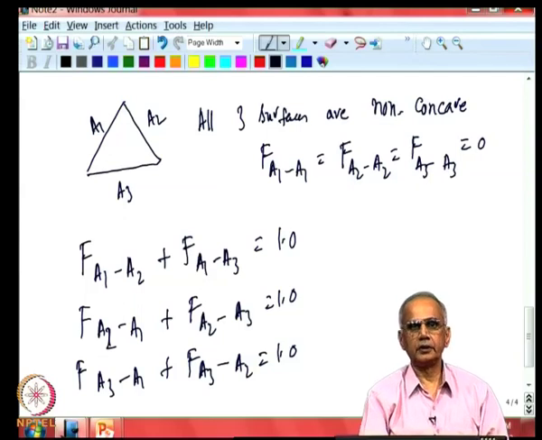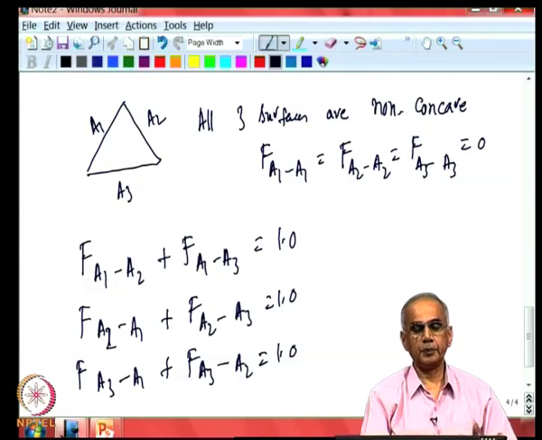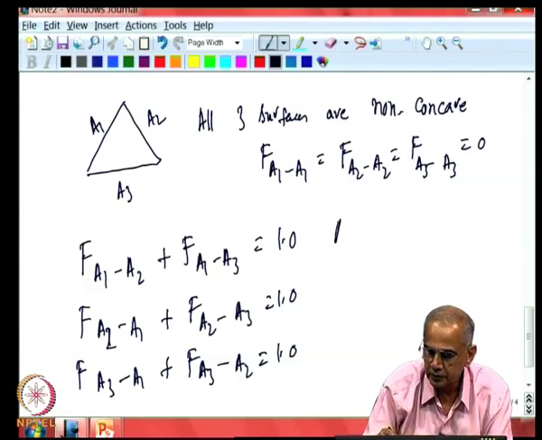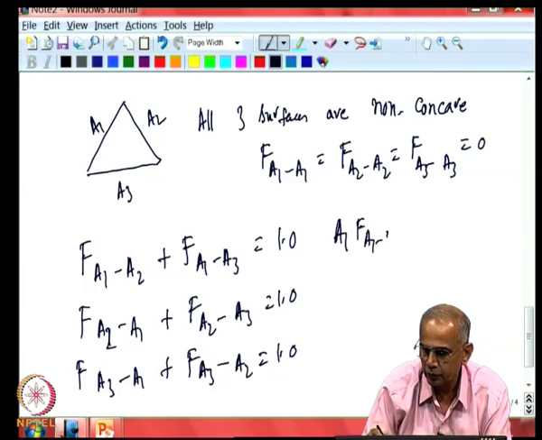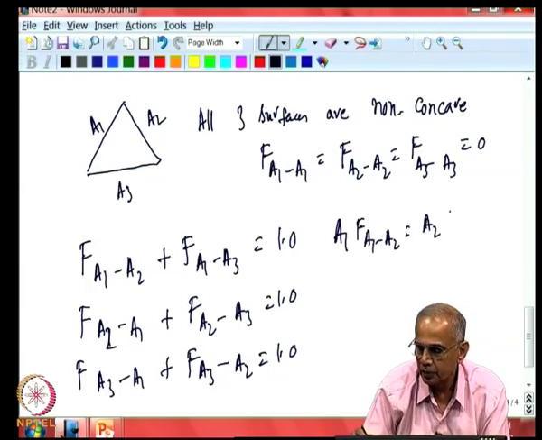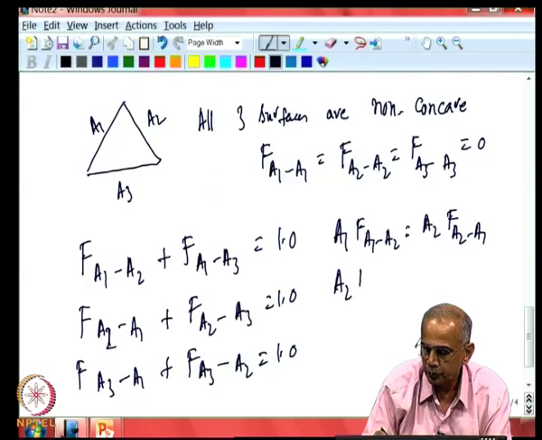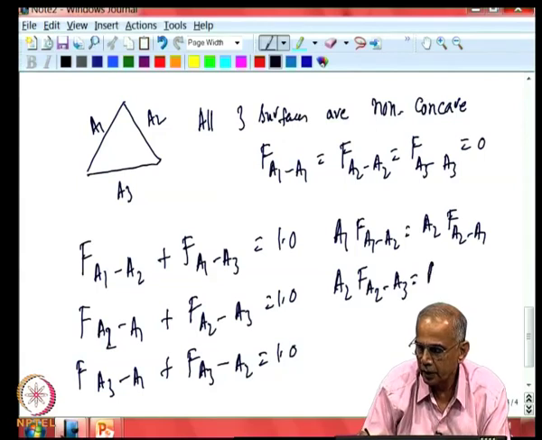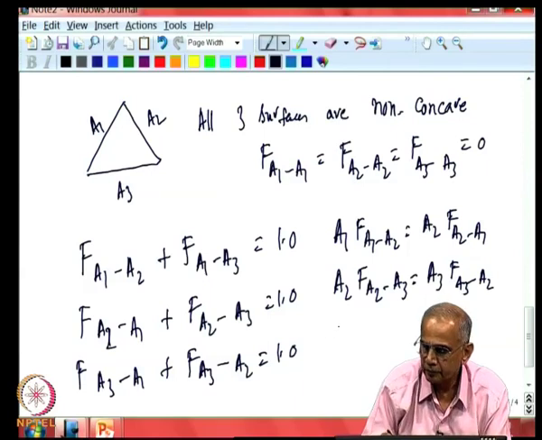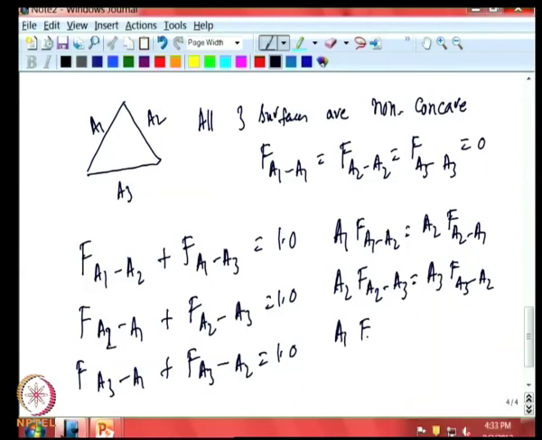So, we have 3 equations here with 6 unknowns, right. So, you can't solve for all these values, but we know reciprocity, which is A1 F A1 A2 equals A2 F A2 A1. Similarly, A2 F A2 A3 equals A3 F A3 A2, and finally, A1 F A1 A3 is equal to A3 F A3 A1.